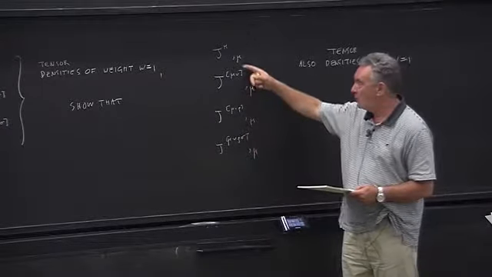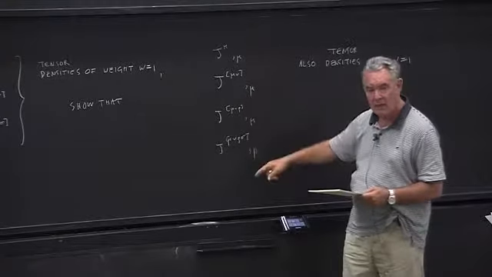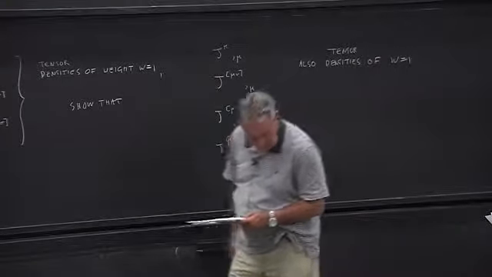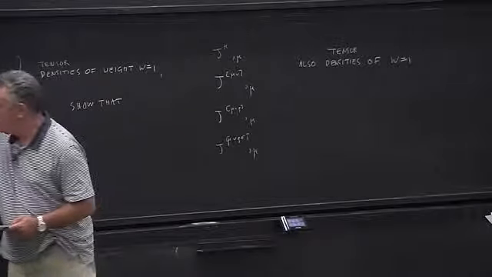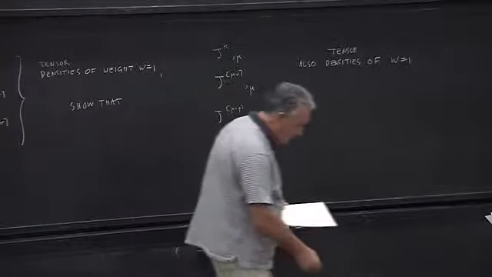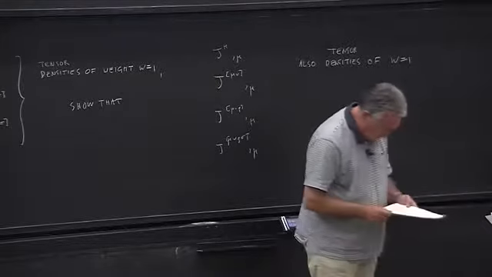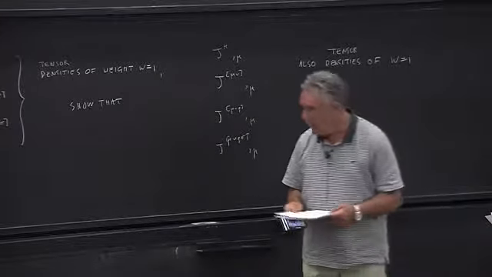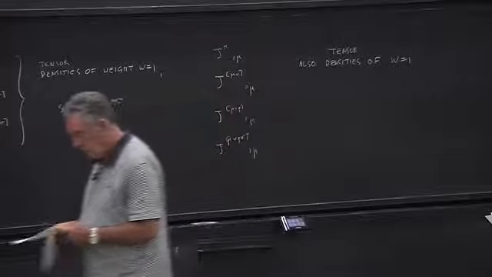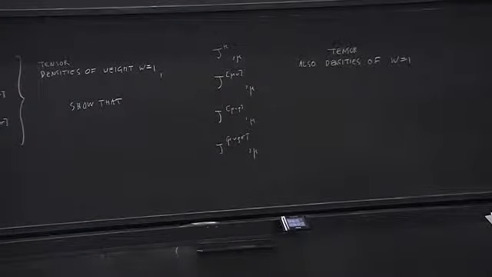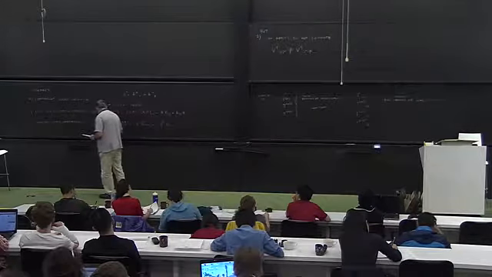So I can put commas or semicolons and I get the same answer. So I just want you to verify that. So we can see, I hope, where the physics of this is going.